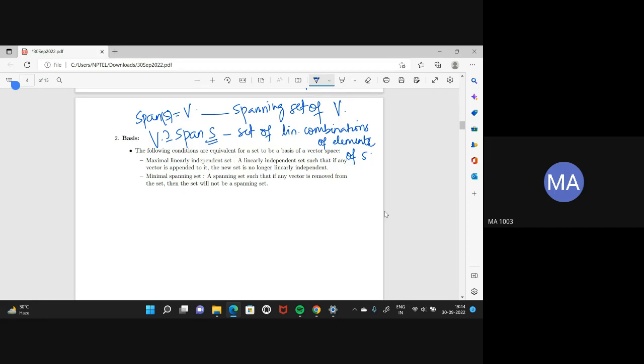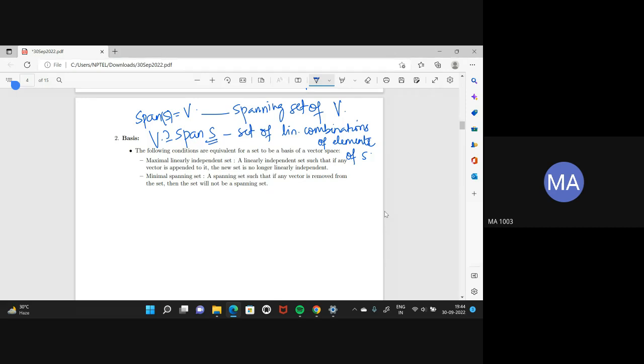Linearly independent means you don't have any unnecessary information. Linearly dependent means you can write one of the vectors in terms of the other vectors, so you can remove that vector. It's unnecessary information for us. If you have a linearly independent set, you don't have any unnecessary information.